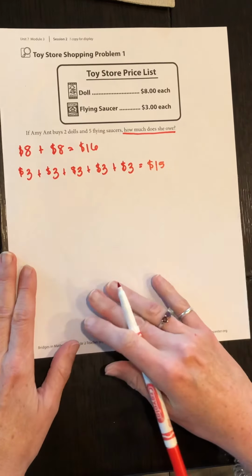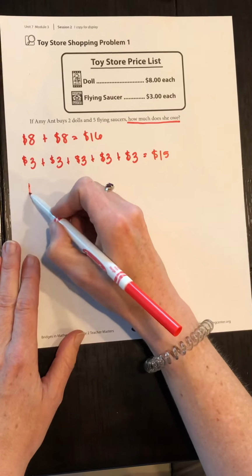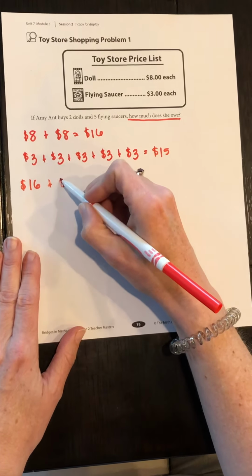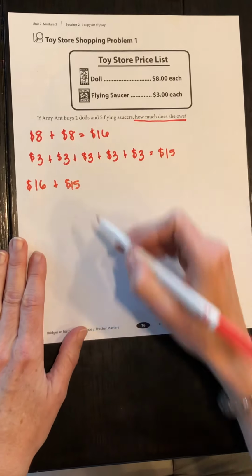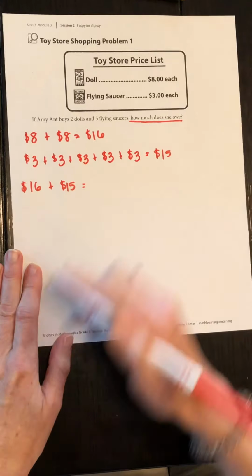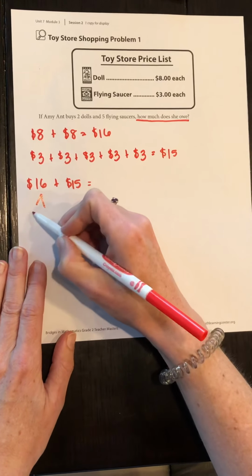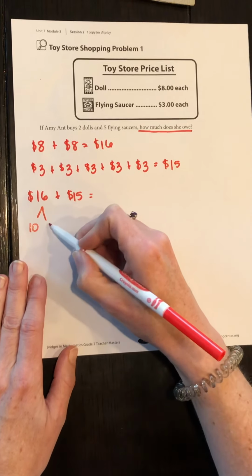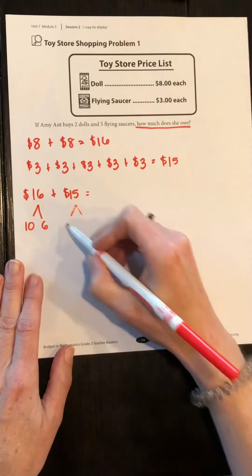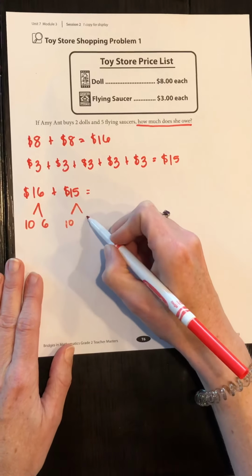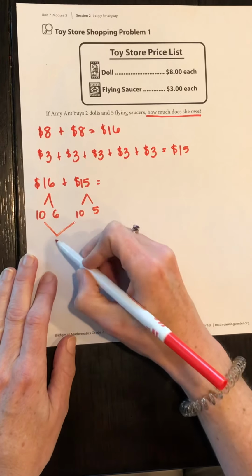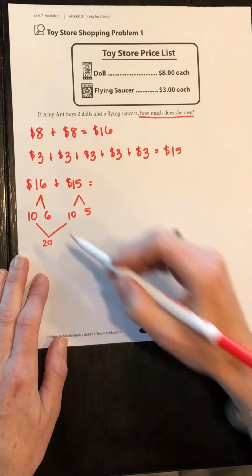Here's where we're going to use the sharing strategy. If I add $16 from the dolls plus $15 from the flying saucers, I want to figure out how much money I owe. $16 is the same thing as 10 plus 6. And $15 is the same thing as 10 plus 5. If I add my 10s together, I would have 20.